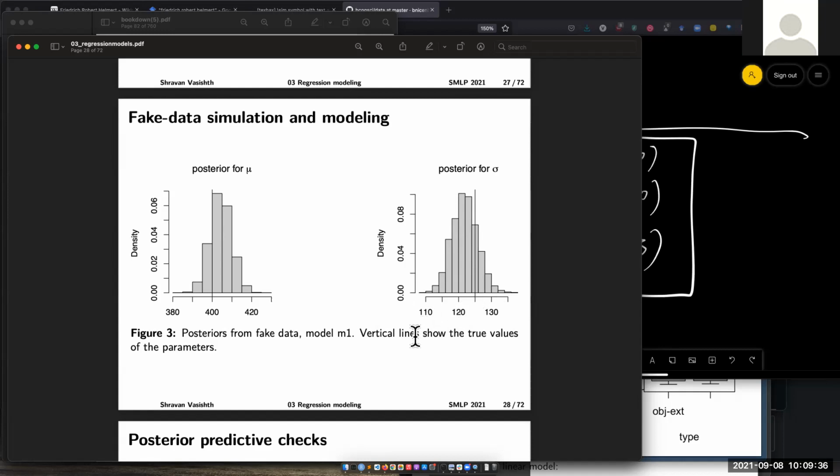That would be a sign that the model is not recovering the parameter. Here the mean is 400 or so, right? And if the true mean had been, let's say, 600, and the model was telling me that the posterior is centered around 400, that is very bad news. That means that the model is misspecified. Okay, thank you, I got it.